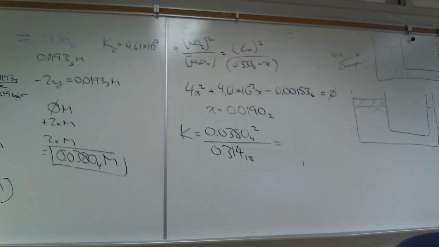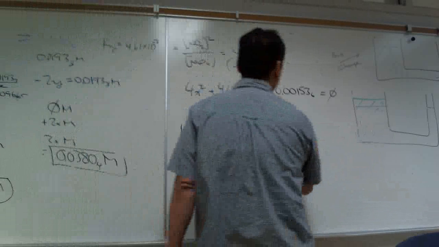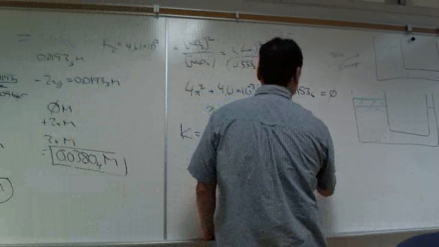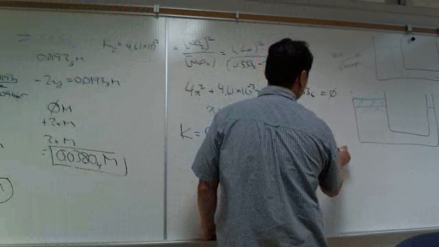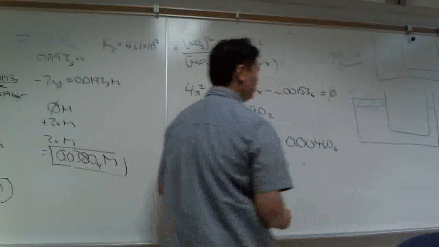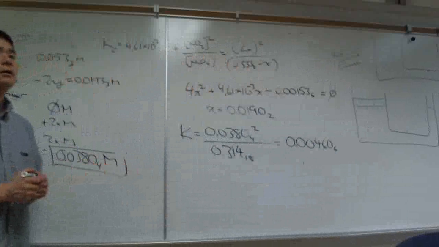Best is just carry all the digits, but that becomes a hassle, especially on long calculations. And so, what does it come out to? 0.004606.